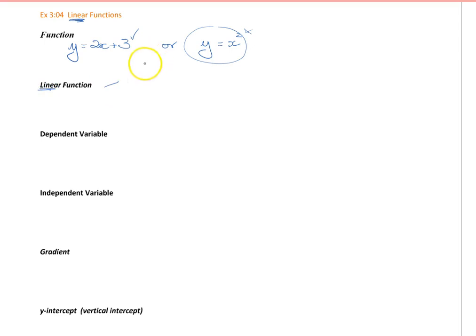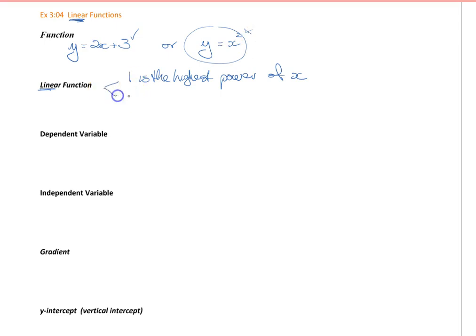So algebraically, 1 is the highest power of x, and we will see in the other algebra chapter that you'll do in the HSC course, we will look at functions that are not linear, non-linear functions. And you'll see the power of x will be a 2 or a 3, etc.